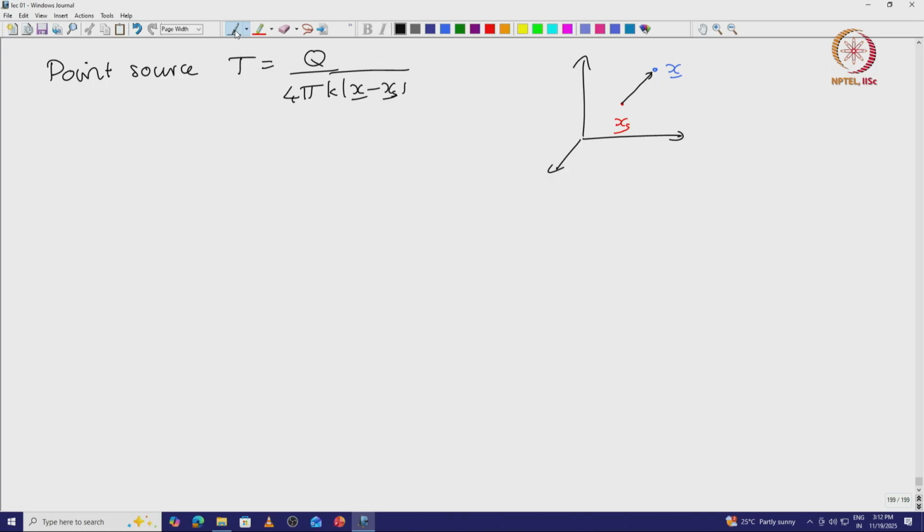And the heat flux was q into x minus x s, this is a vector, by 4 pi k into the magnitude of x minus x s, the whole cubed.